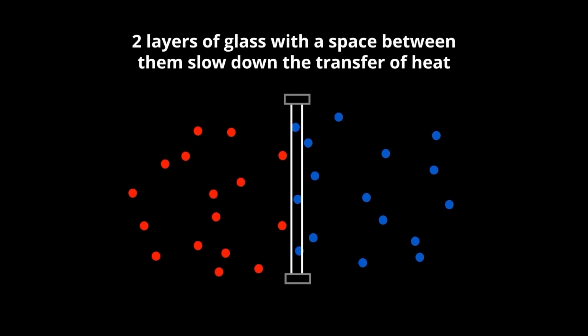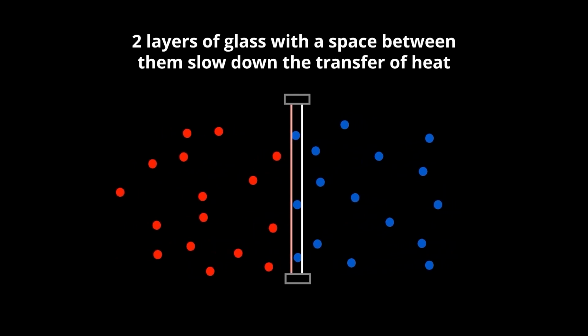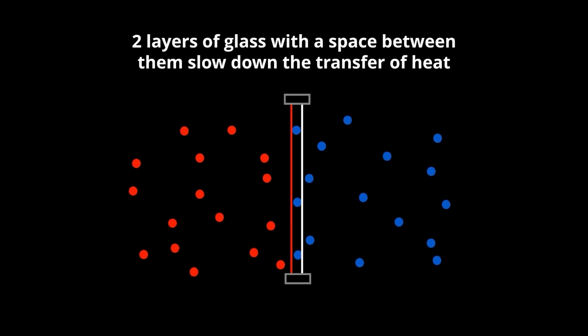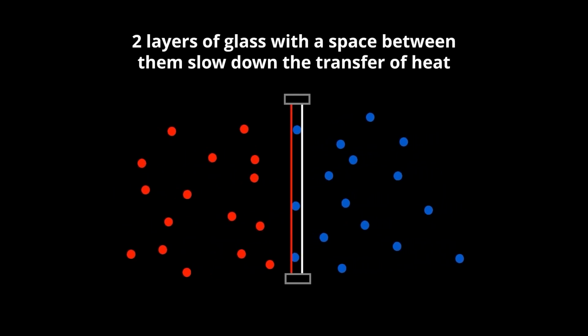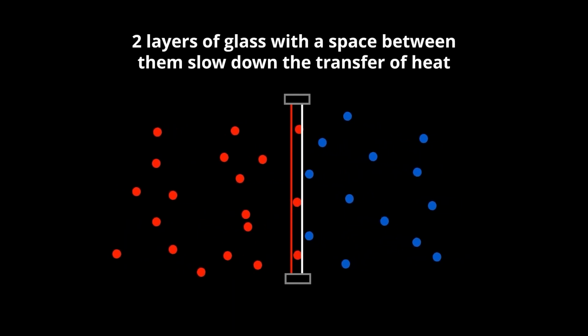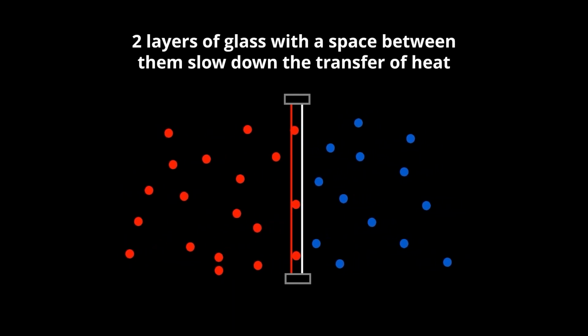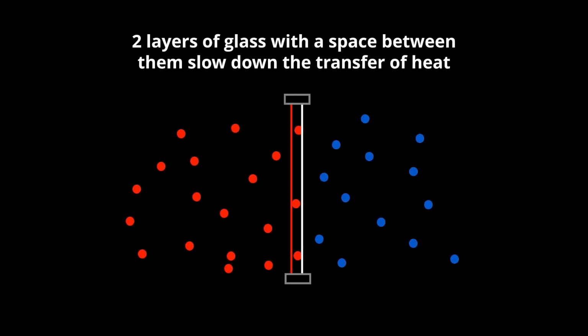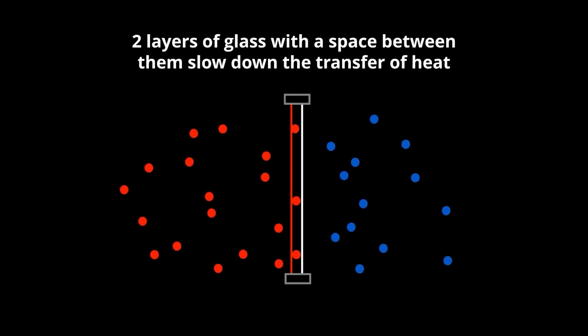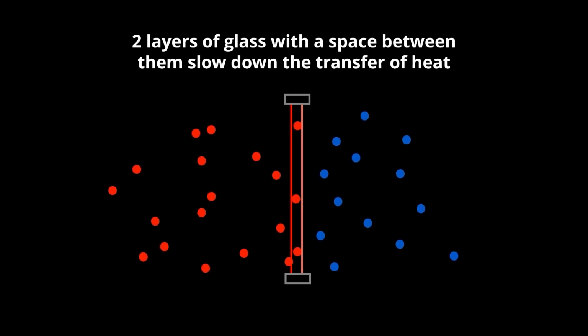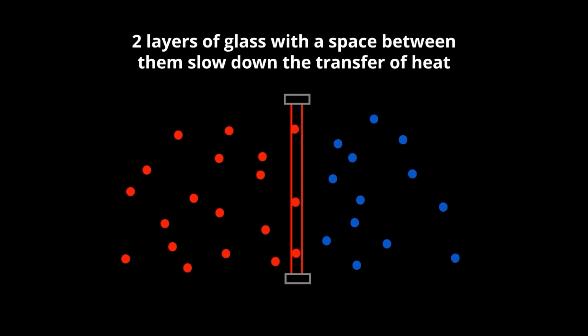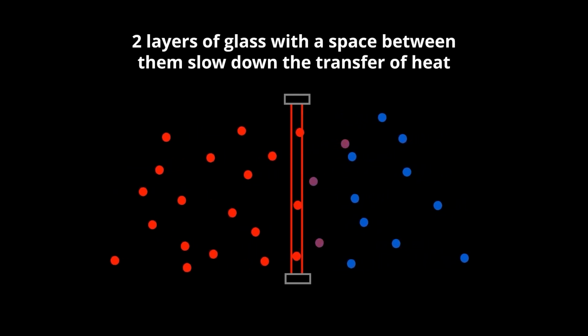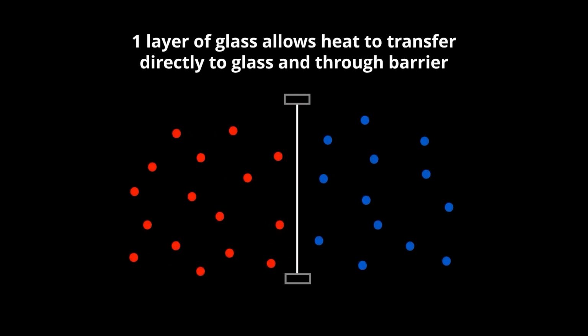The molecules are going to start to warm up that external pane of glass if it's the summertime. And then inside that pane of glass, you usually have a vacuum or as close to a vacuum as you can get. It takes a longer time for those molecules to move and heat up the interior pane of glass and ultimately transfer that heat to the molecules inside of the window.